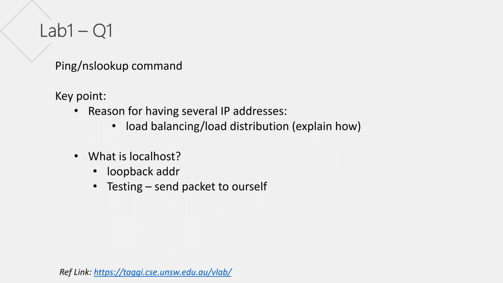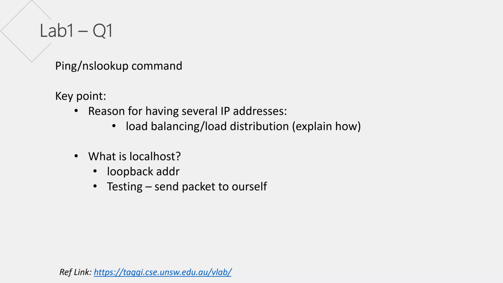So they may need several IP addresses or several servers to support their URL. Probably you can search load balancing or load distribution, see how it works, and then explain it in your PDF file, in your report. This one should be pretty easy for you.